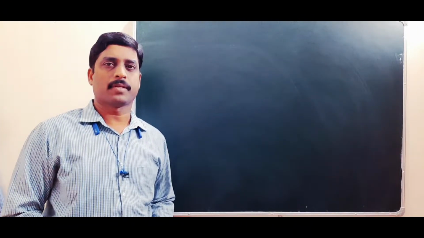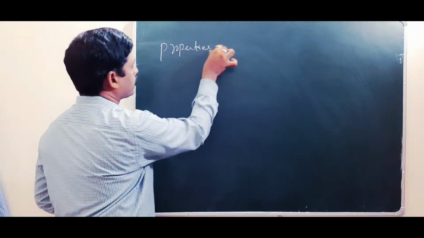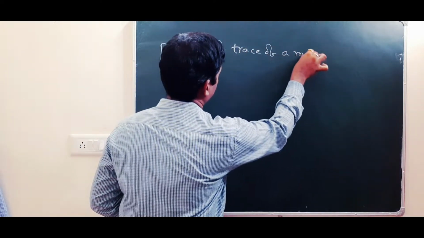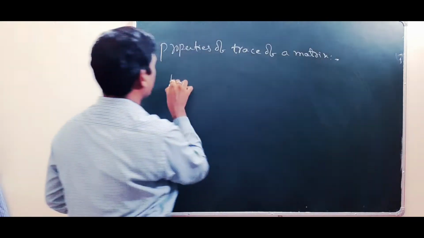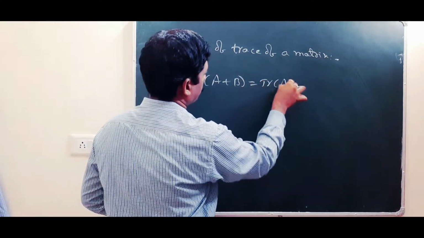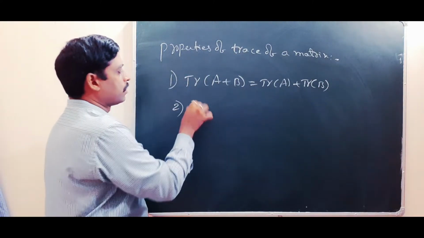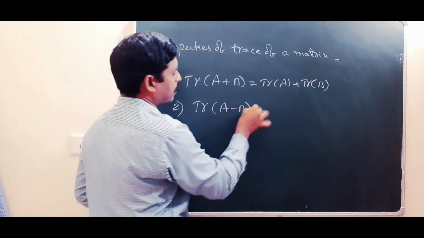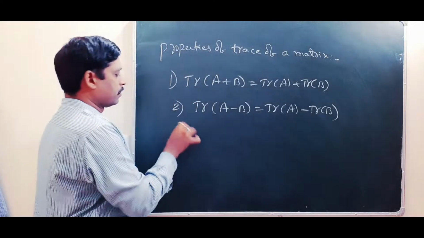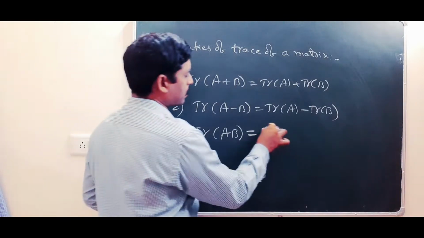Now explain properties of trace of matrix. First one, trace of A plus B equal to trace A plus trace B. Second one, trace of A minus B will be trace A minus trace B. Trace of AB equal to trace of BA.